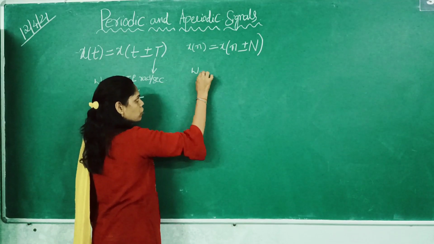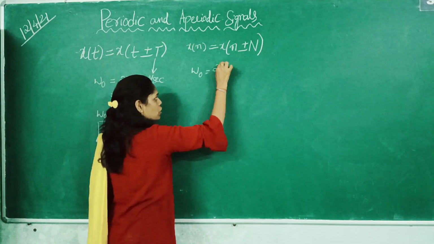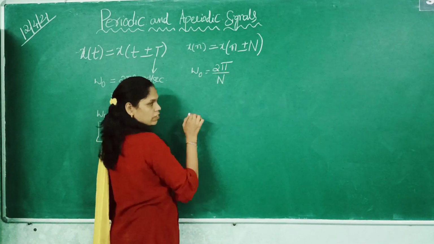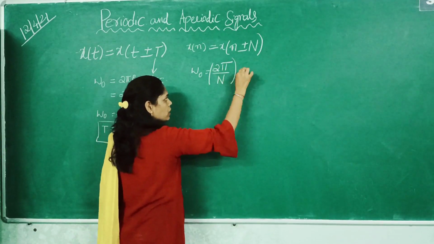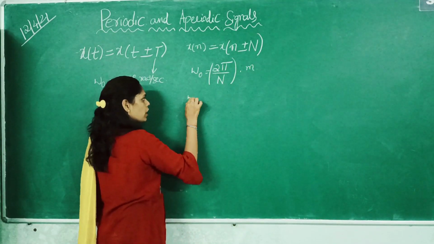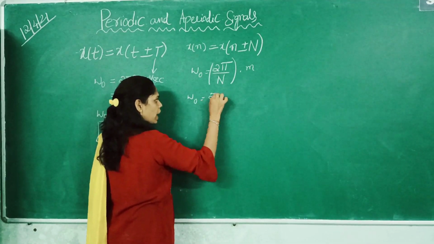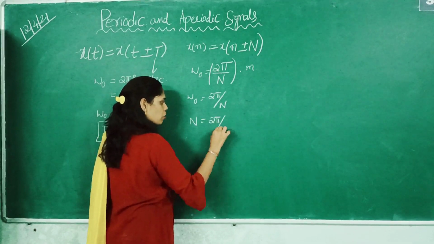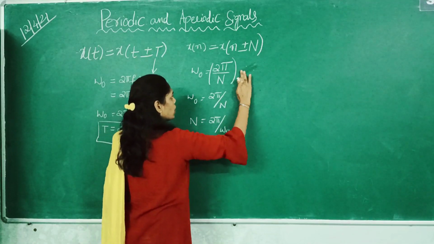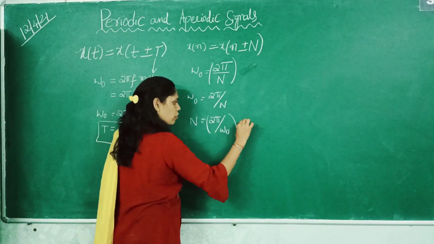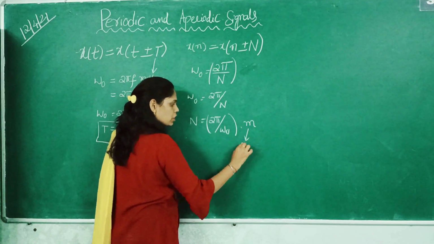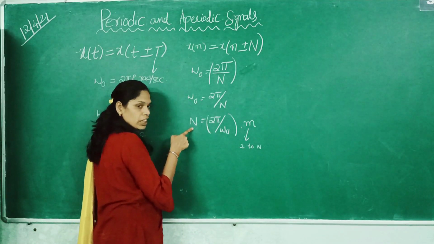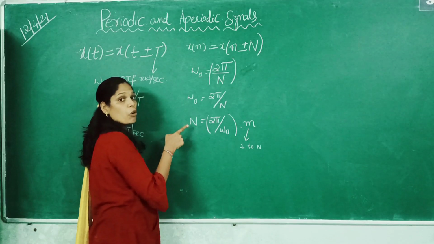Here also we write omega naught equal to 2 pi by capital N, or we can write N equal to 2 pi by omega naught multiplied by m, where m is an integer. Overall, the value of the fundamental time period N should be a whole number.